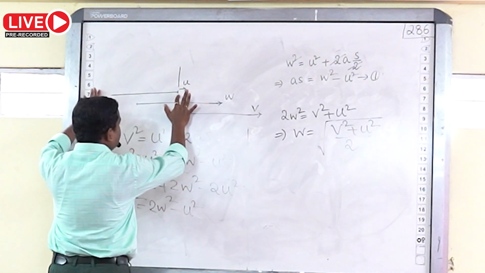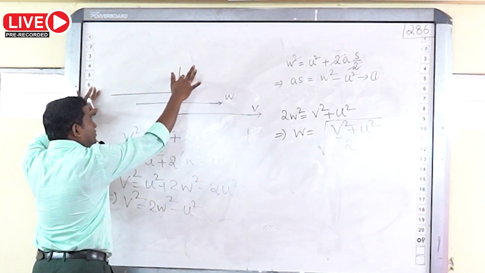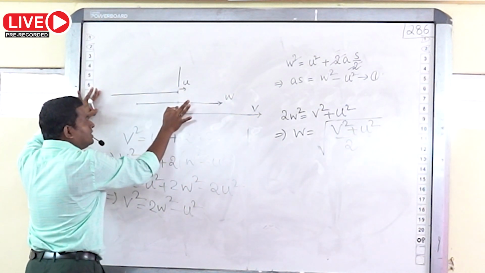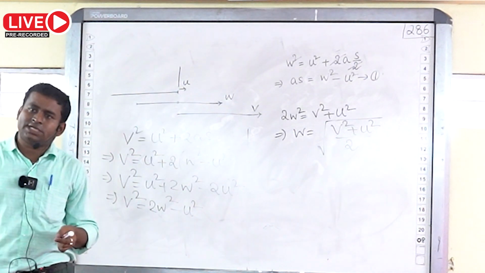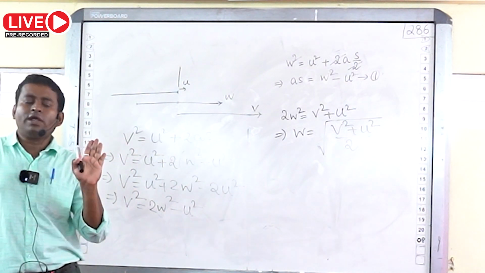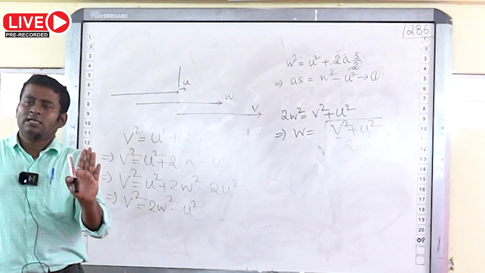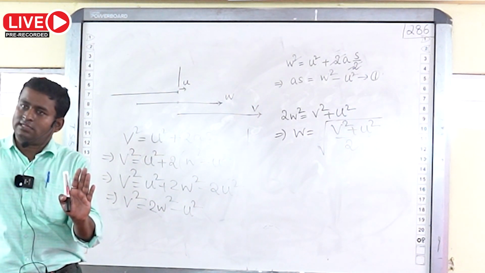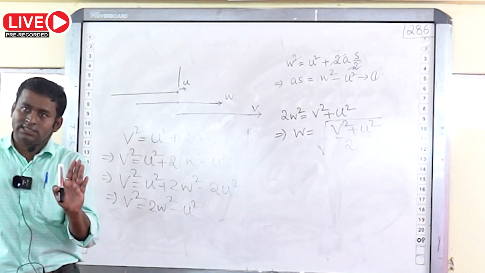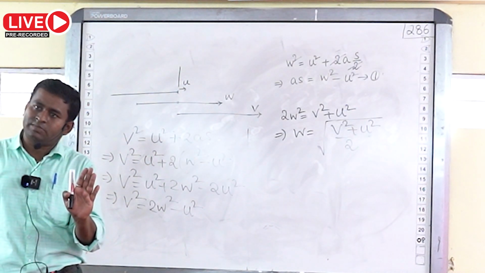When the front point of the train crosses, its velocity is u. When the midpoint crosses, its velocity is w. So velocity increases from u to w due to acceleration. And up to the midpoint crossing, the displacement of the train is half of its length, s by 2.